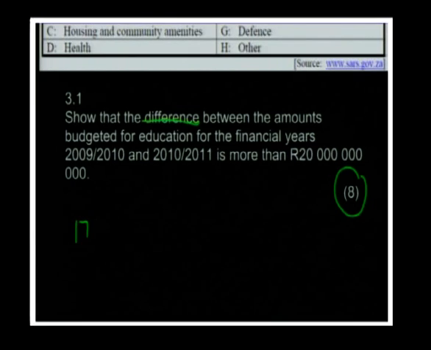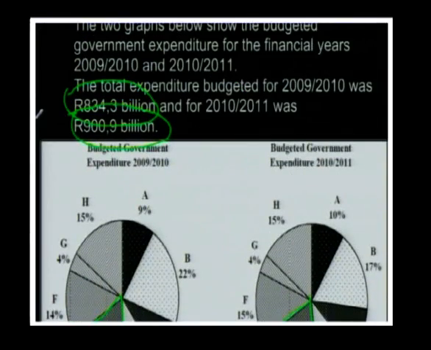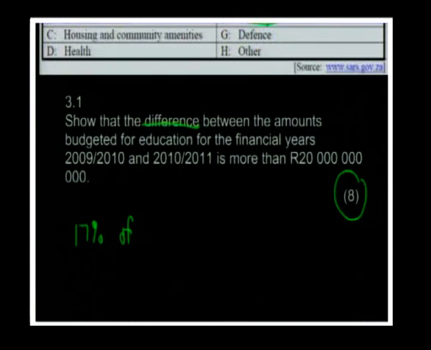You'll probably get about 2 marks for that sum. Now that we know the 2 percentages, let's go and work out the amounts, because that's what we need for each of the years. So for the first one, we need 17% of, and let's go and get that figure again, 834.3 billion.